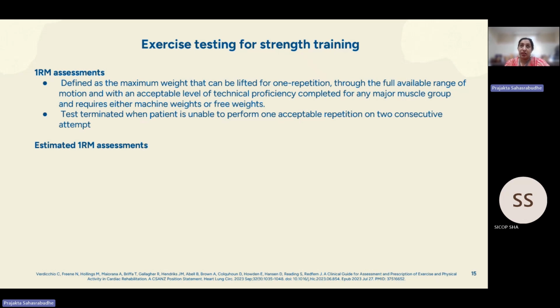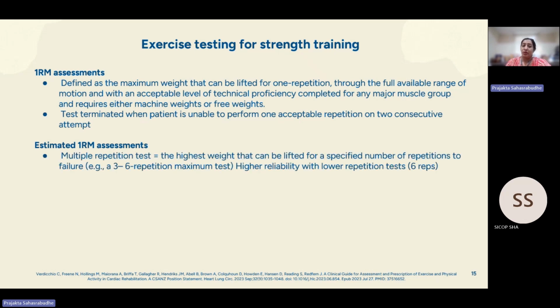And if we are making too strong an isometric contraction, it may increase the afterload on the heart, and it may be too much for the already failing heart. So in that case, we'll have to go for the estimated 1 RM assessment.